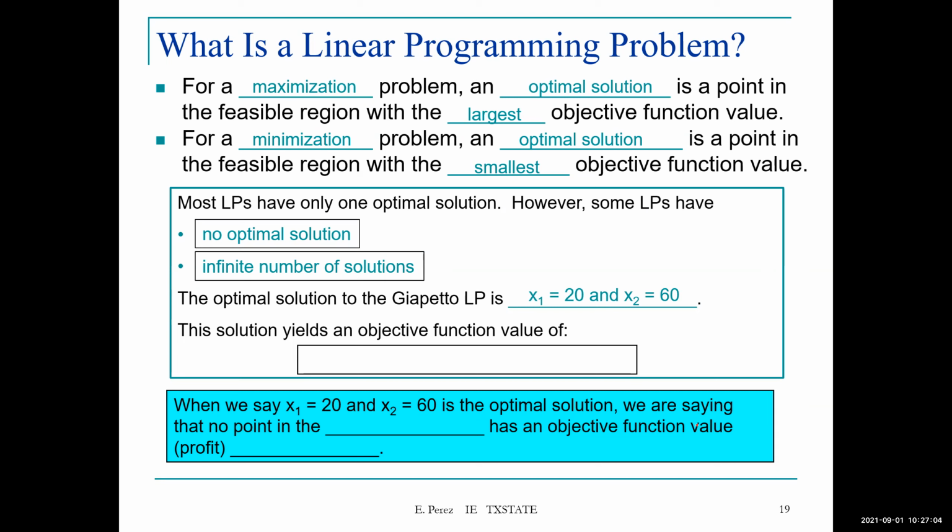This solution yields an objective function value of, I have to write that down. Z is equal to 3x1 plus 2x2. So that would be 3 times 20 plus 2 times 60, which is 180.